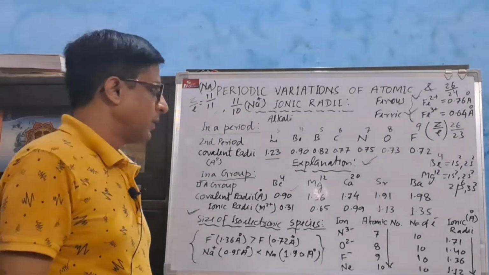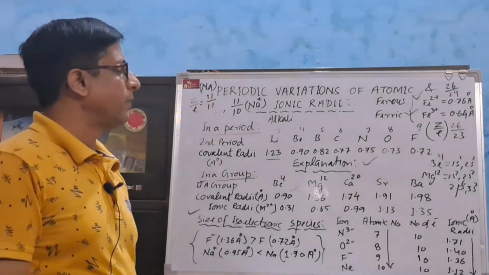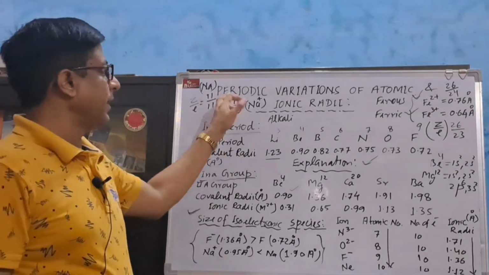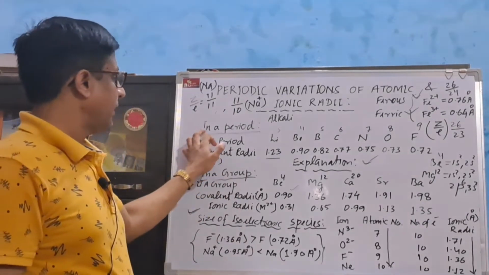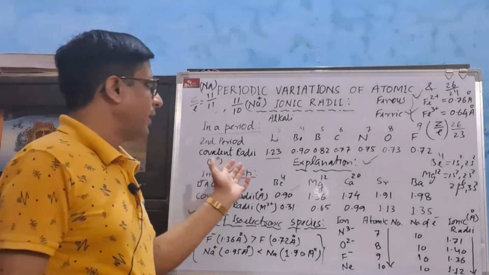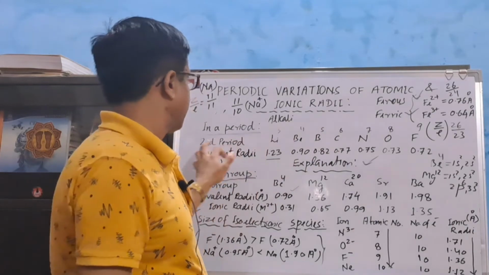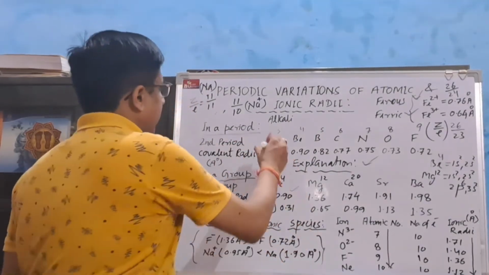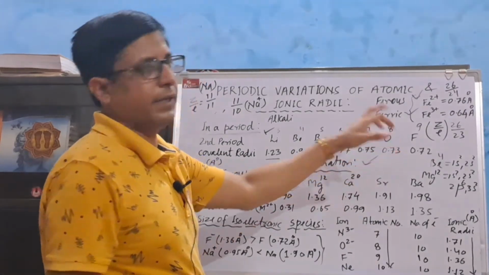Thus, today I have discussed the variations of atomic and ionic radii in the periodic table. We have seen that in a period, the atomic or ionic radii decrease when we move from left to right. For example, in second period, when we move from lithium to fluorine, the covalent radii go on decreasing.